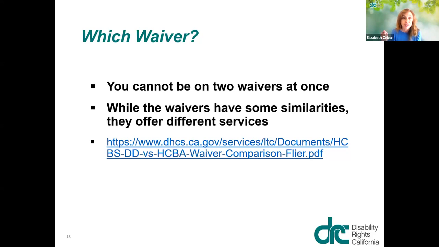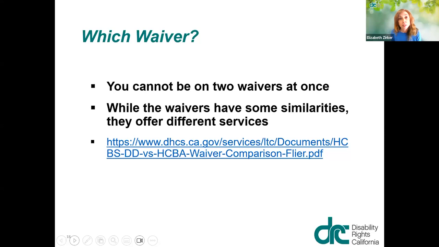Just a technical note that's sort of different for CalAIM and the 1115 waiver, but for the 1915C waivers, you cannot be on more than 1 at the same time. In the past, the Department of Healthcare Services and the Department of Developmental Services allowed people to be on 2 waivers at once. Now, if your child or if you are still on 2 waivers, you will need to choose.